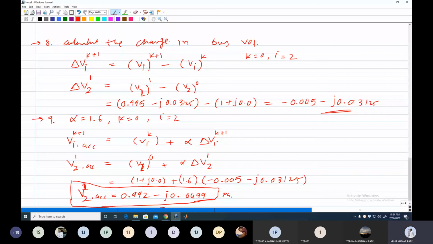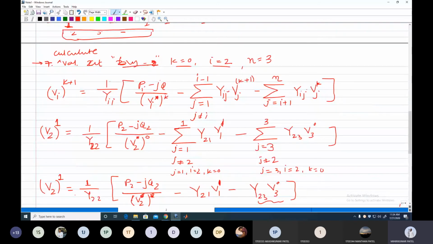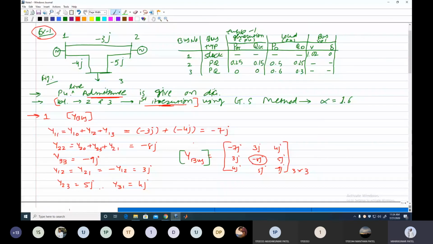Step number 10 is we have to repeat this process for all the buses in the system until delta Vi k plus 1 is within the specified limit. The limit is not given, so we just have to calculate the voltage at each bus, that is, bus number 2 and 3 for the first iteration.